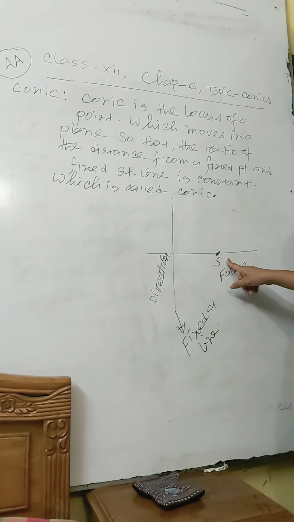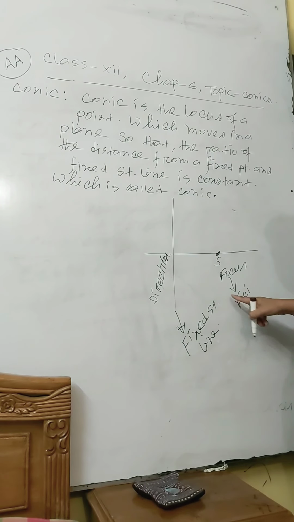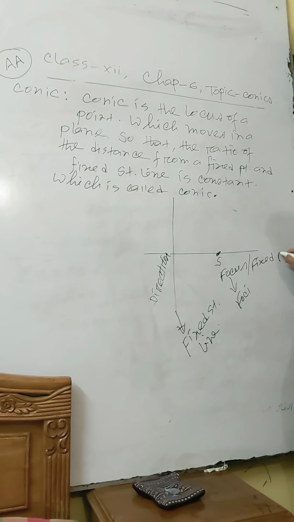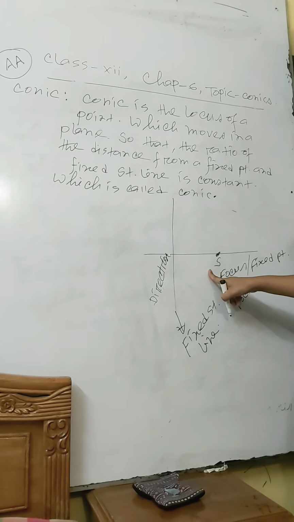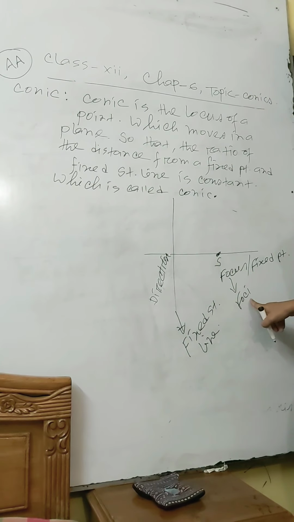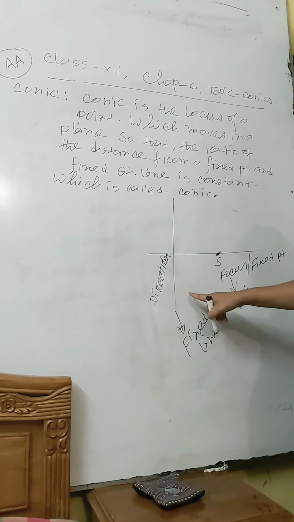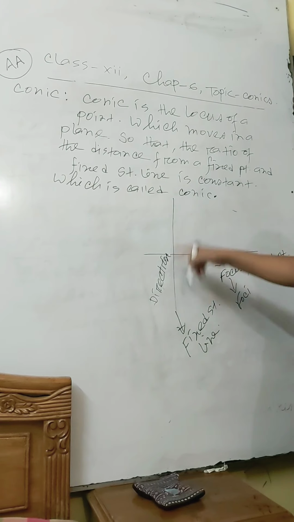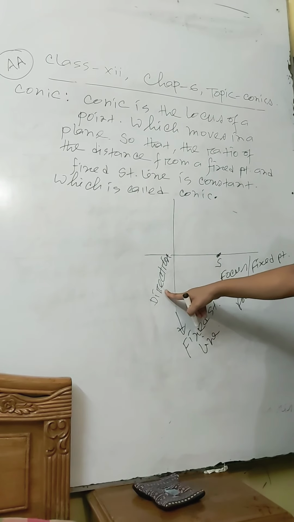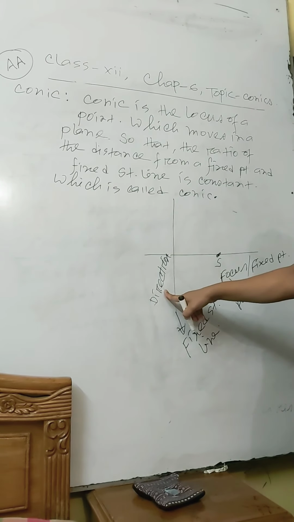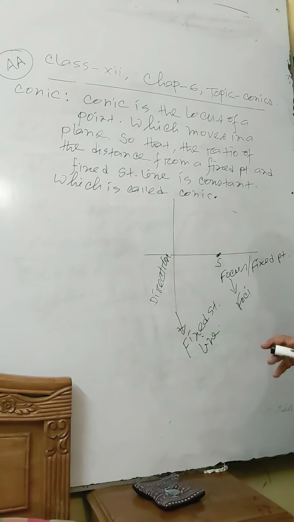Fixed point is known as focus or foci, another name. This is the fixed straight line, which is known as directrix. What is directrix?